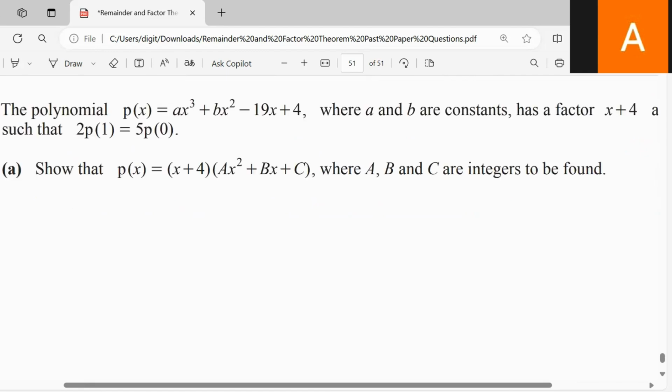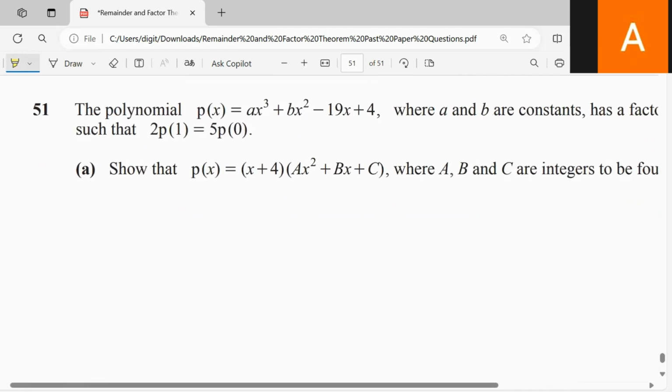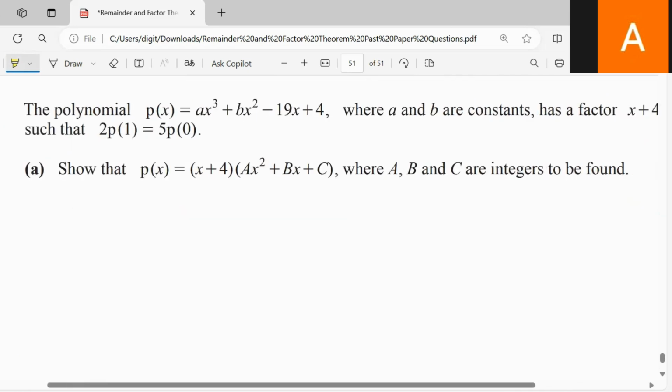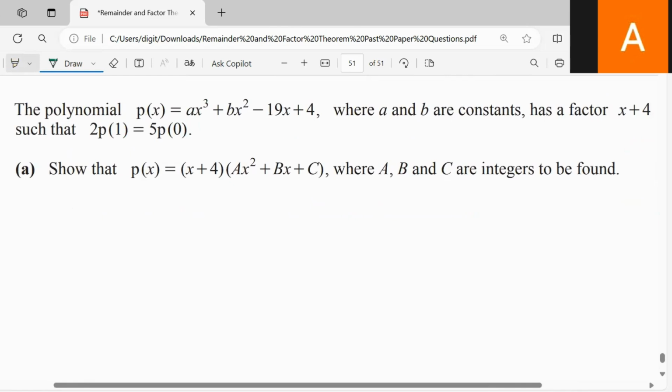The key points are that it has a factor x plus 4, and second, 2p1 is 5p0. These will be helpful to find the values of a, b, and c, which are constants.